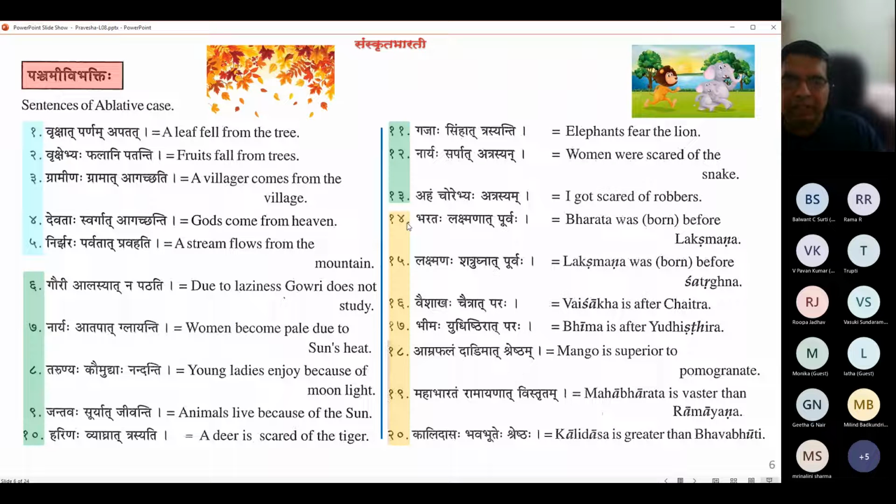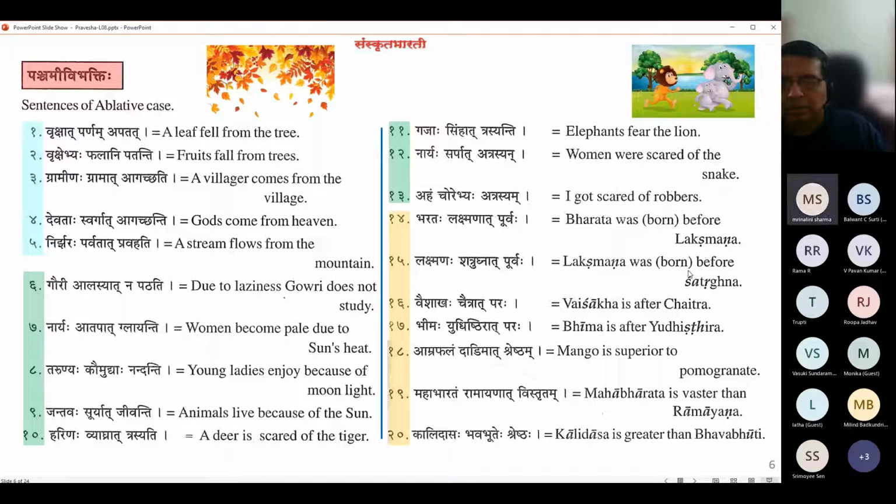Mahoday. Number 14 onwards to 20 is yours. Slowly go through, just like brother did before. Bharataha Lakshmanat Purvaha. Bharata was born before Lakshmana. Lakshmanaha Shatrugnat Purvaha.